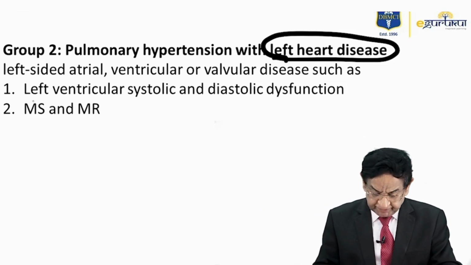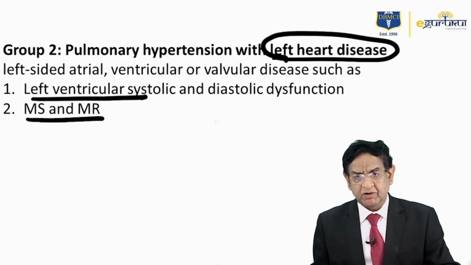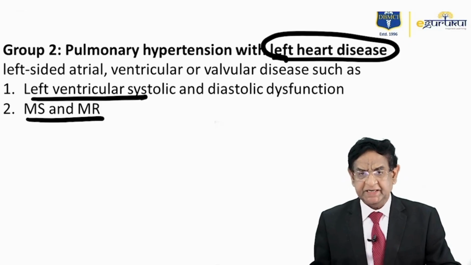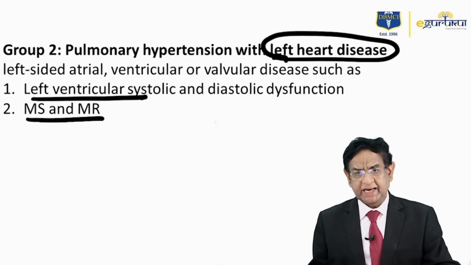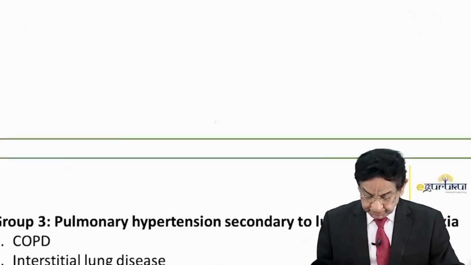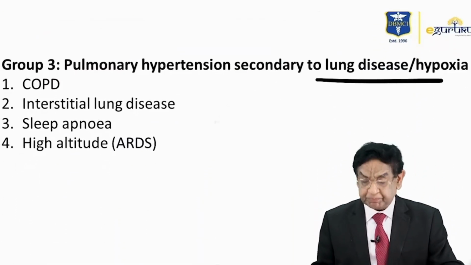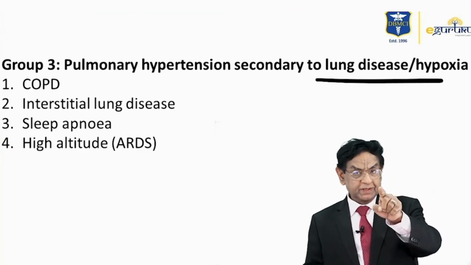This could be left ventricular failure, or mitral stenosis or mitral regurgitation. Any pathology of the left heart can lead to this problem. Group 2. Group 3, secondary to lung disease, point to be noted.